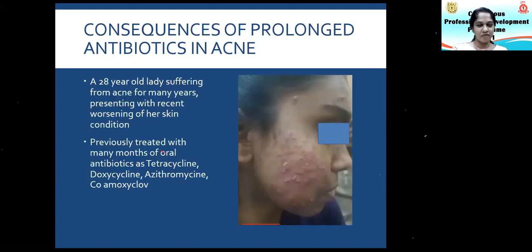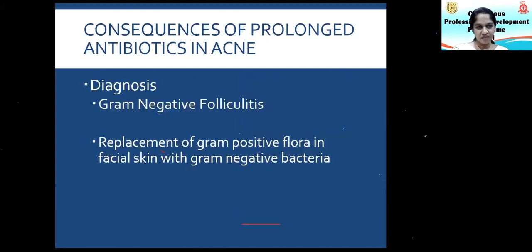Then another problem. This is a 28-year-old lady suffering from acne for many years, presenting with a recent worsening of her condition. She has previously been treated with many months of oral antibiotics such as tetracycline, doxycycline, azithromycin, and even coamoxicillin. So what is the diagnosis? This is a gram-negative folliculitis.